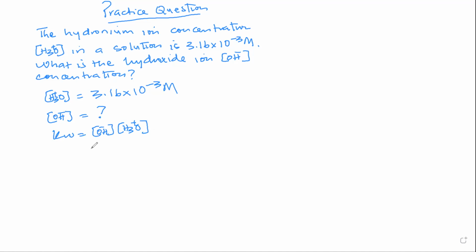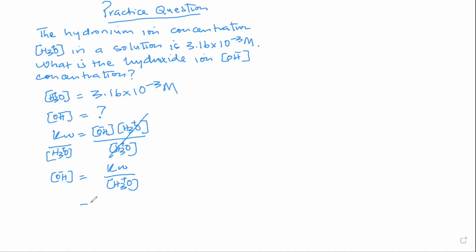So we want to solve for hydroxide concentration. If that is the case, we isolate that by dividing both sides by the hydronium concentration, so this will cross out. We can choose to put this on the left, it doesn't matter actually. Then this will be Kw over the hydronium concentration.